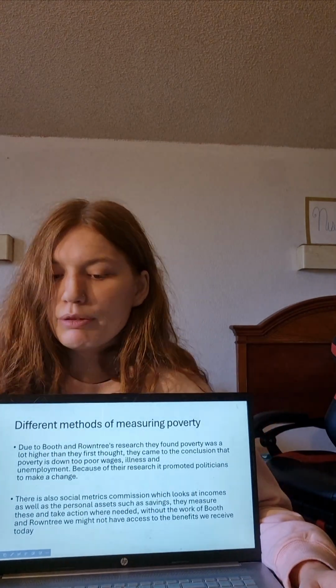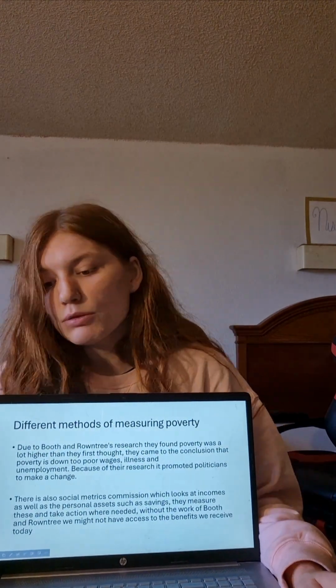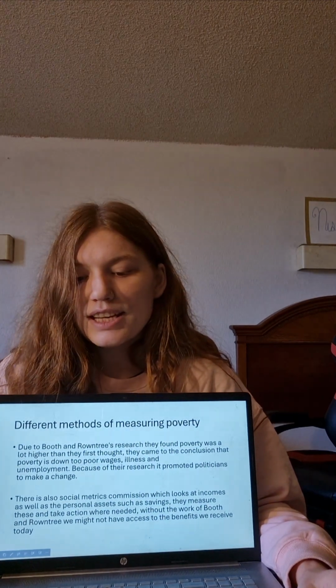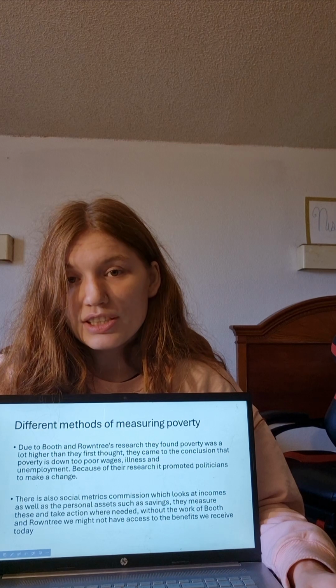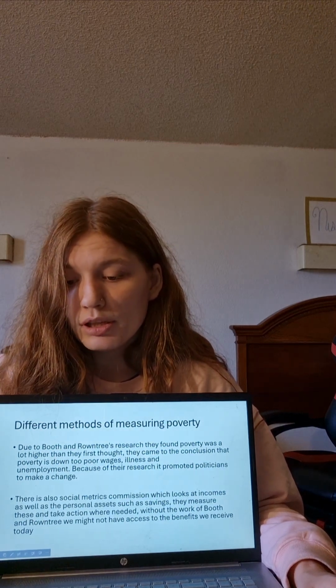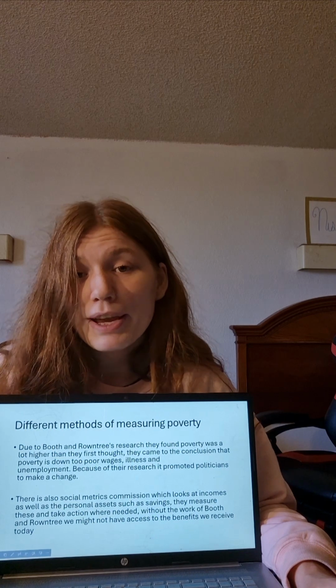Due to Booth and Rowntree's research, they found poverty was a lot higher than they thought. They came to the conclusion that poverty is down to poor wages, illness, and unemployment. Because of their research, it promoted politicians to make an active change and make government listen.